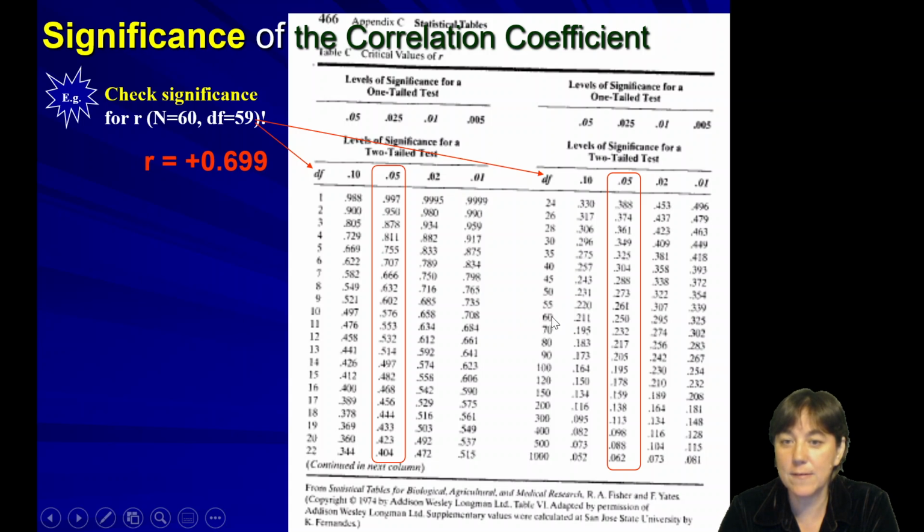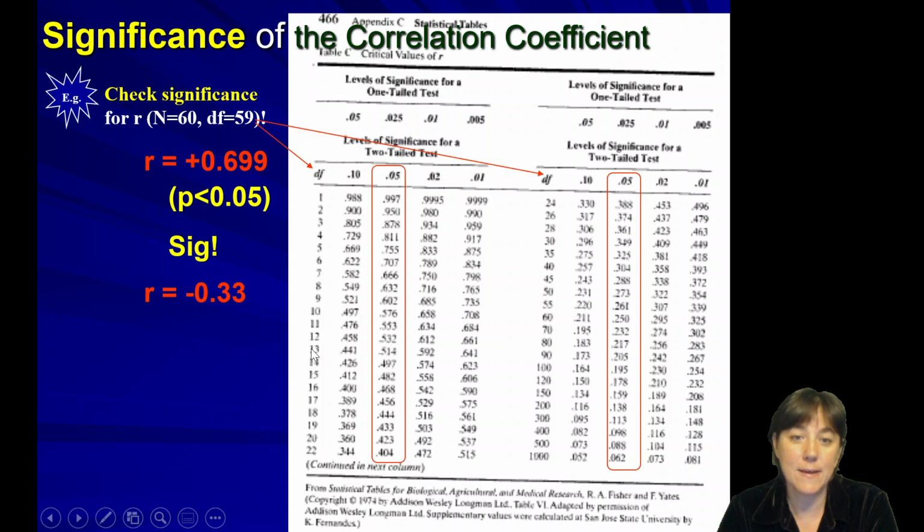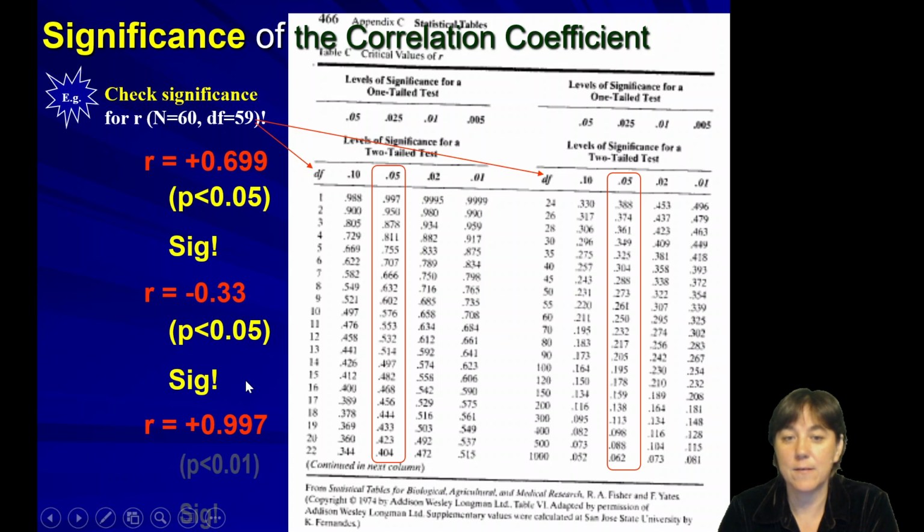You don't see an exact value, you just choose which is closer to it. Now the 60 is closer, so 0.025 is our critical value. Is this significant? Yes. Is this significant? 0.25? Yes, definitely. And the 0.9 is significant.